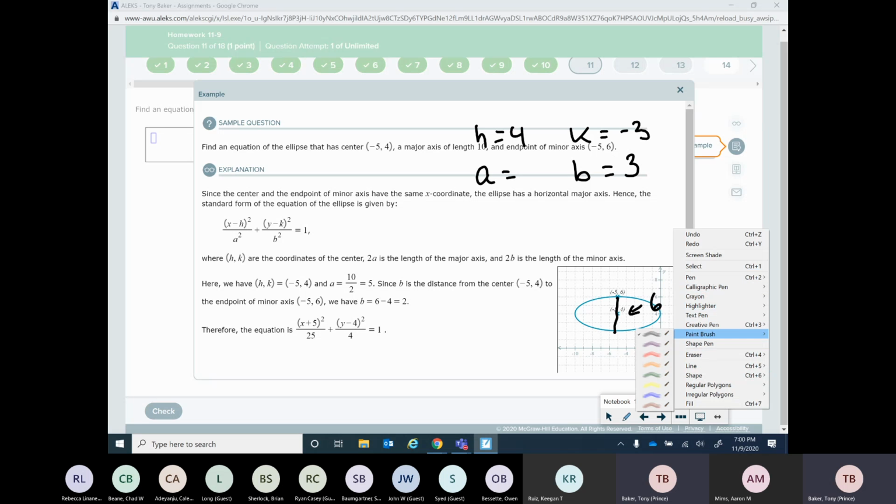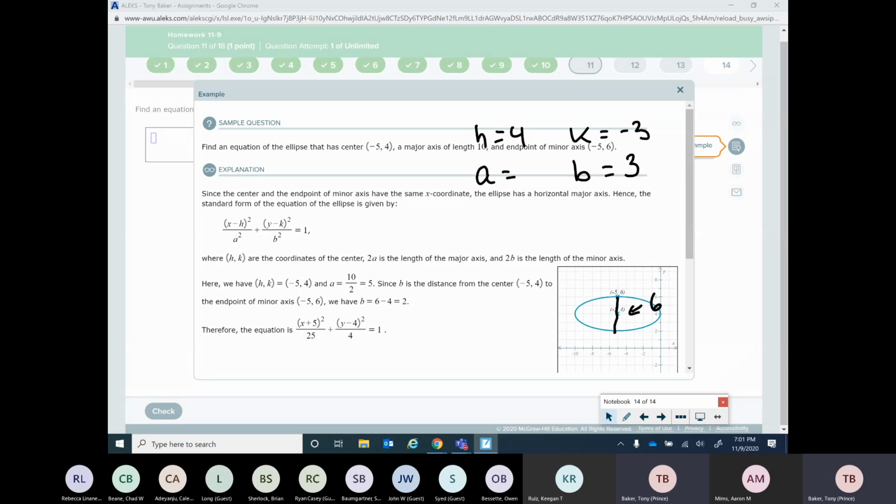Does that part make sense before I go on? If they gave me my minor or major axis length, I would have done the opposite one. So, all right, they tell me the minor axis. So the minor axis is that short direction. I'm in the center here.